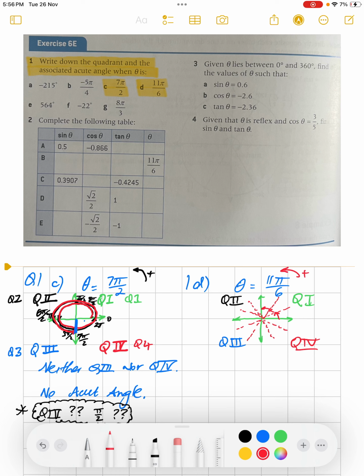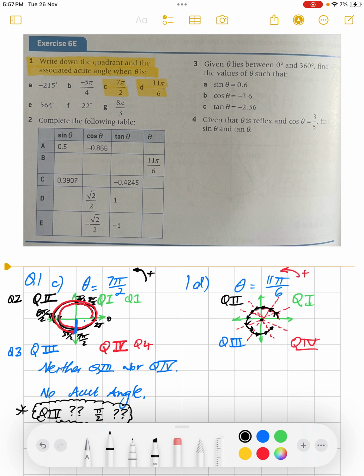So in the positive, it's going forward. Forward pi over 6, another pi over 6, 3 pi over 6, 4 pi over 6, 5 pi over 6, 6 pi over 6, 7 pi over 6, 8 pi over 6, 9 pi over 6, 10 pi over 6, 11 pi over 6.